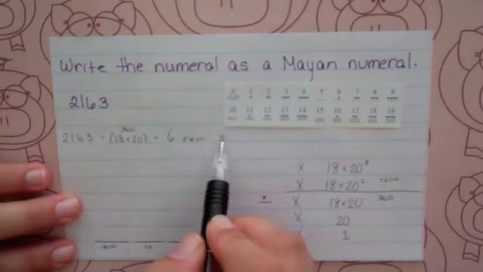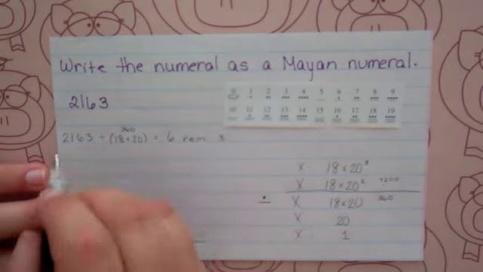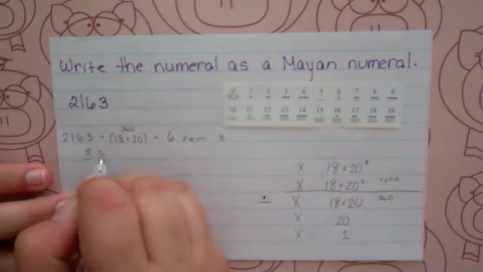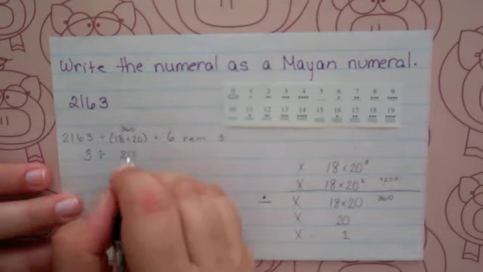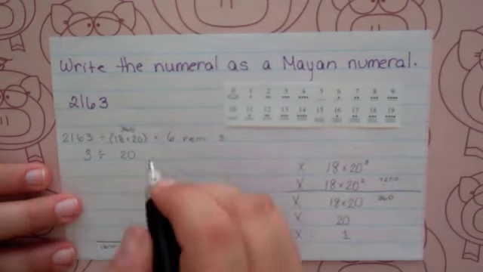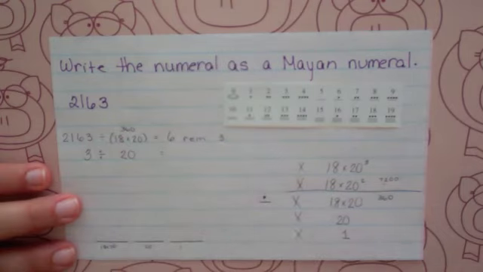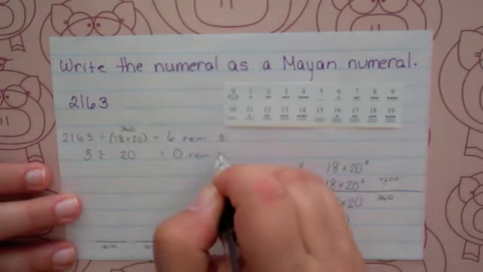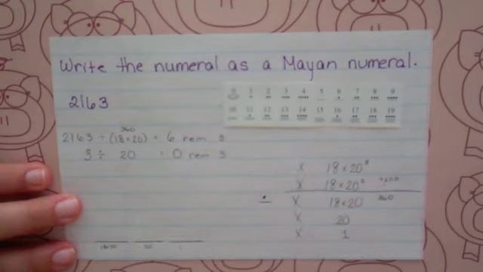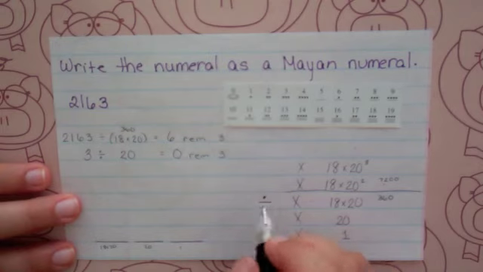Now it had a remainder of 3, so I have to work with 3. The next place value is 20. 3 divided by 20. Well, 20 doesn't go into 3, so we have 0 with a remainder of 3. So the symbol that goes here is the symbol for 0, which is this, because 20 doesn't go into 3.